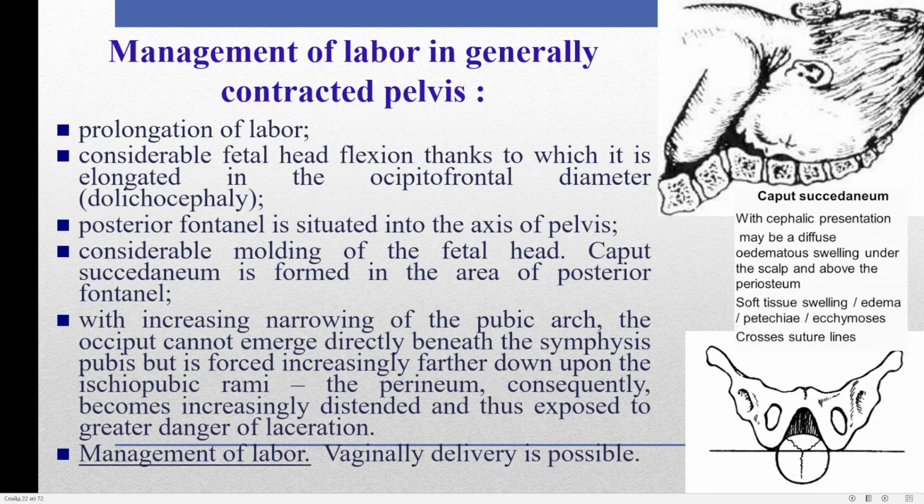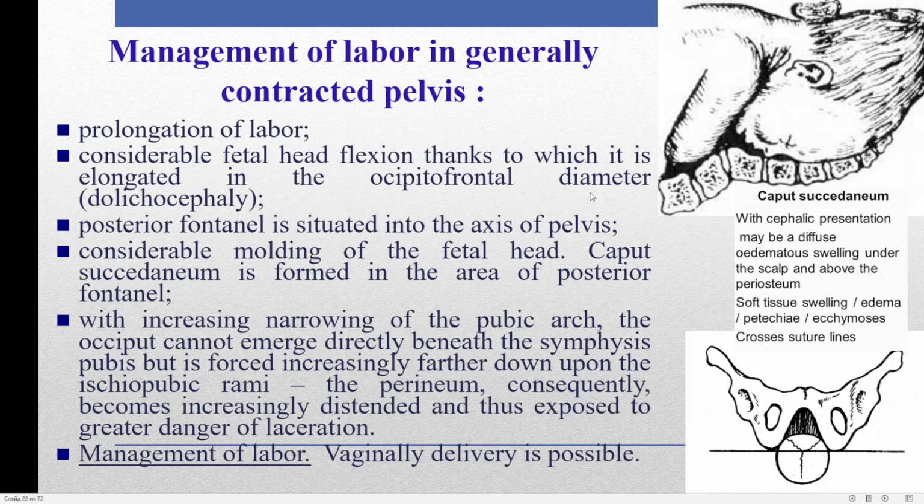The posterior fontanel is situated in the axis of the pelvis, as the normal denominator, such as in normal labor in occiput anterior presentation. Considerable molding of the fetal head. Caput succedaneum is formed in the area of the posterior fontanel.